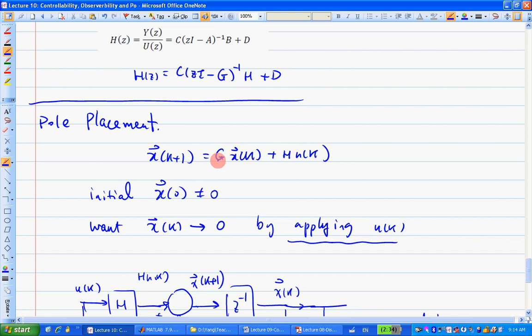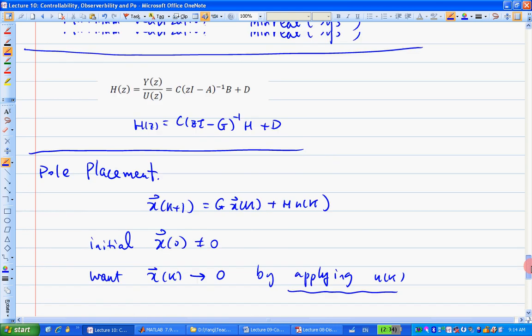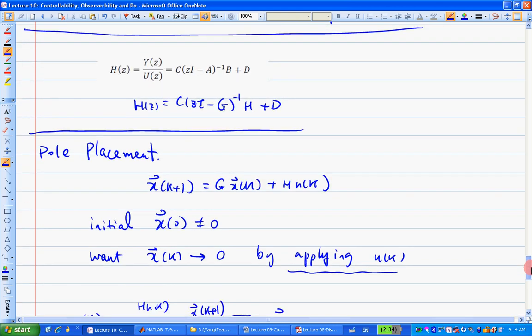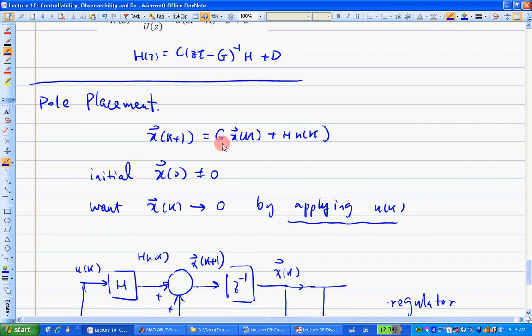Now, if I calculate the eigenvalue of the matrix G here, what does the eigenvalue of the matrix G represent?